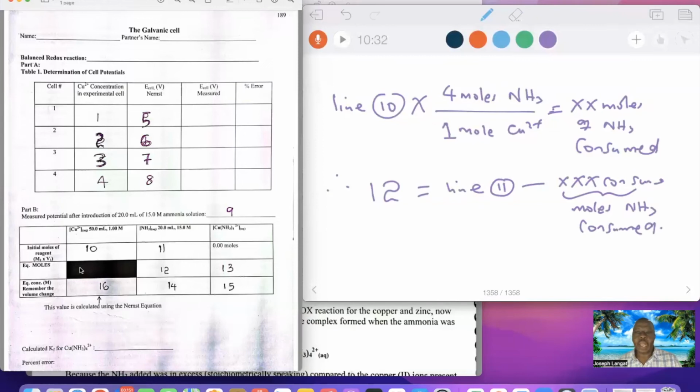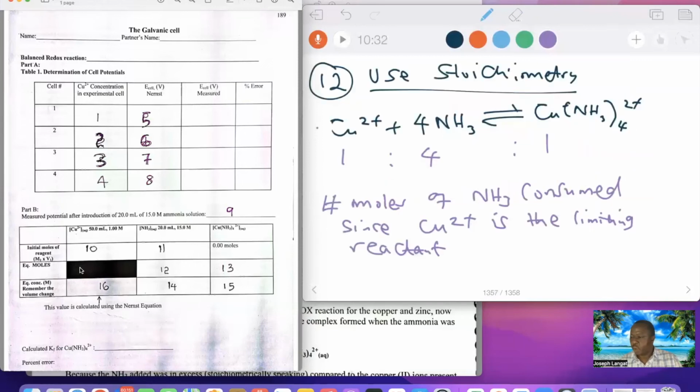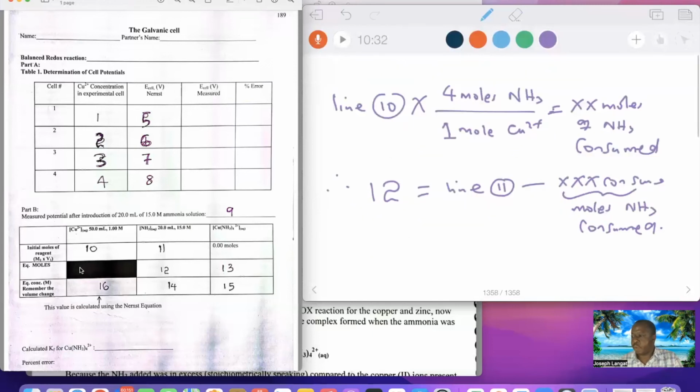That's how you find line 12. Please go back here: based on the mole ratio, I use this to find the number of moles consumed, which is from line 10. It's going to give you the number of moles you plug in there. So you have that. Line 12.